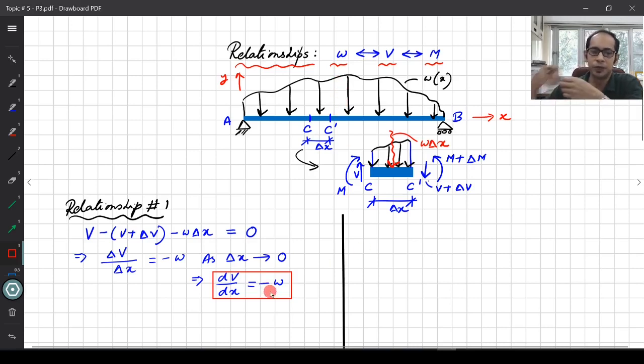That's why when you look at this relationship in different books, in some books it's minus w, in some books it's plus. So let's make a note of that. But as you can tell, the magnitude is equal to the w that you get.